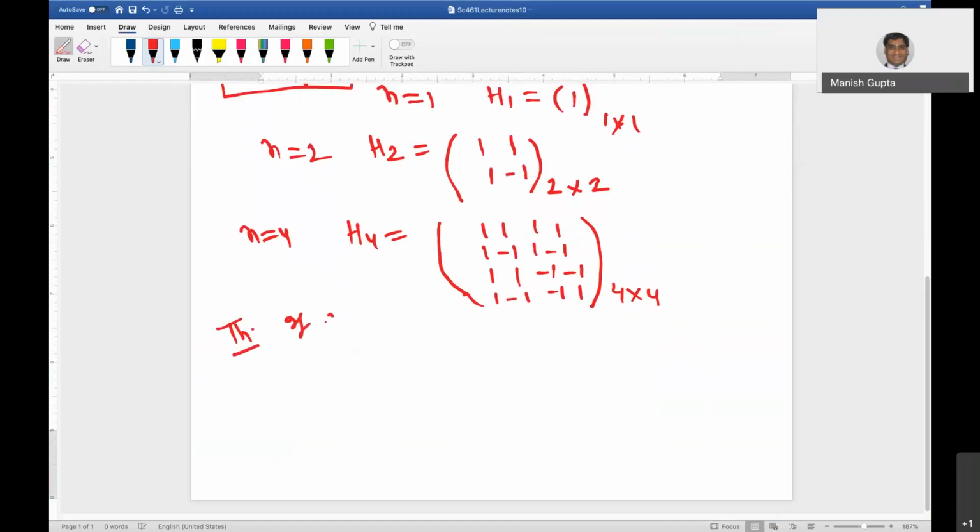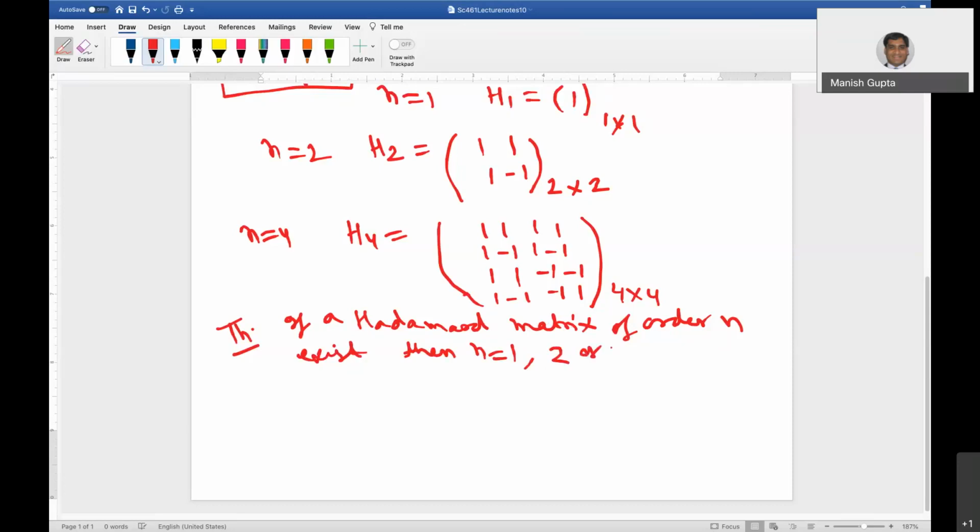If a Hadamard matrix of order n exists, then n is either 1, 2, or a multiple of 4.